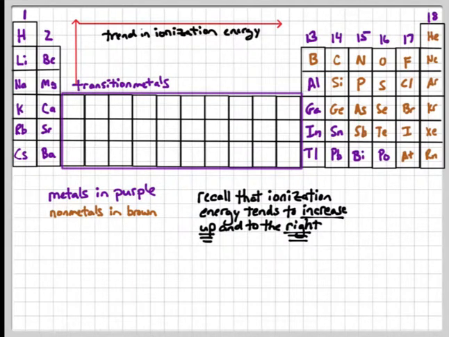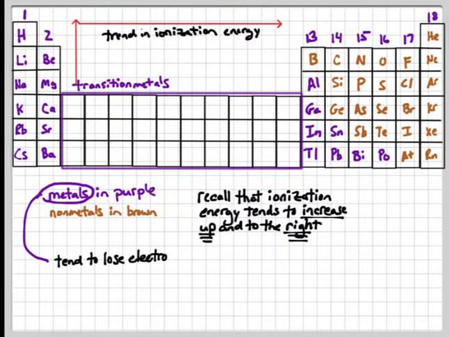So up and to the right in the periodic table, it becomes more and more difficult to remove electrons. And so for this reason, metals, when they react, tend to lose electrons and form cations. So in the formation of an ionic compound, that's why we see most of the metals are forming cations, species with the positive charge in the structure.